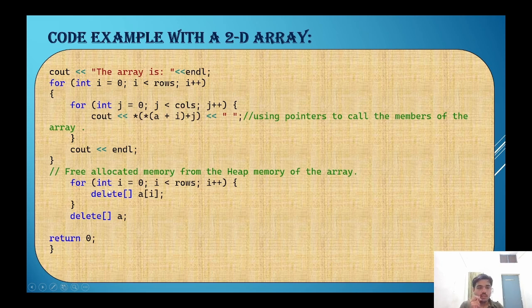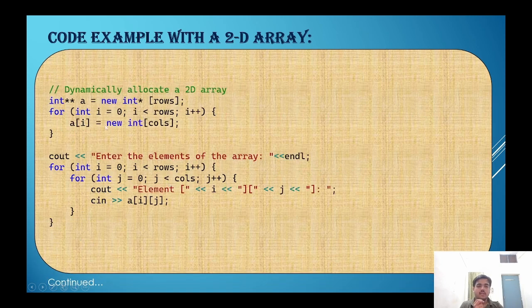Now we are using the delete operator for two differently allocated memories. One is for rows and another one is for columns. In this for loop, we are first deallocating the memory associated with the columns of each and every row, that we assigned over here.